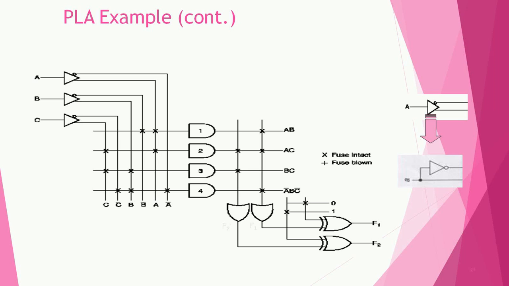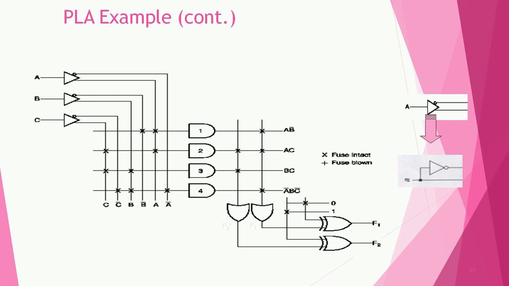For the second AND gate, we have to connect AC, that is connected. Next product term is BC, and last is A bar B C bar, and that is what we have connected. Now two outputs are there, F1 and F2, and the OR gates are connected as per the requirement, giving final outputs F1 and F2.